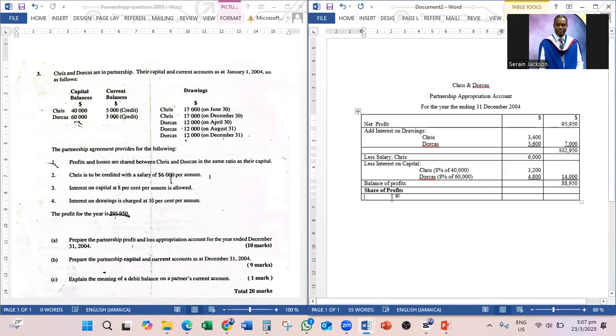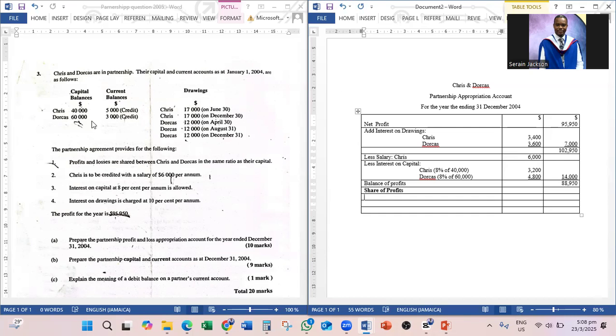But to be fair, they made it easy for you guys, because if you look at their capital account balances, you will see that Dorcas invested 60,000, Chris invested 40,000. So together that is $100,000.